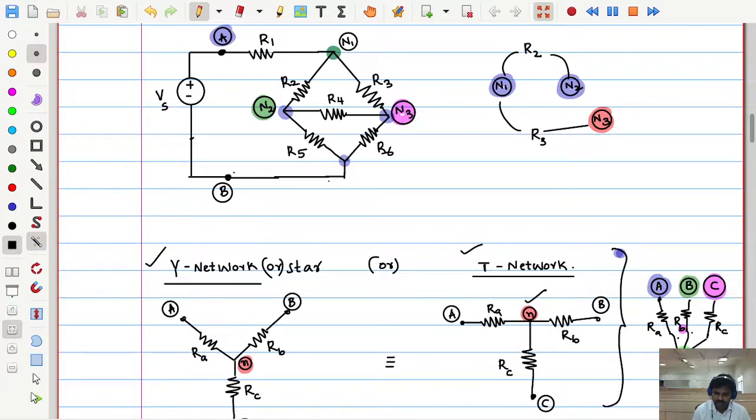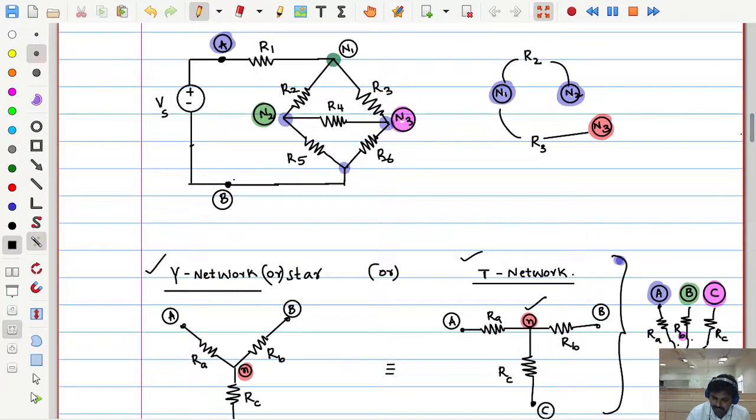So, if elements are neither series nor parallel, what kind of combinations are we going to get? One combination is the Y network. Yes, tell me, somebody is asking something. R5, R6 and B are in a Y network, sir. R5, R6 and B. B means the B side, is there any element here? Do you have any element? No, no, no, not like that.